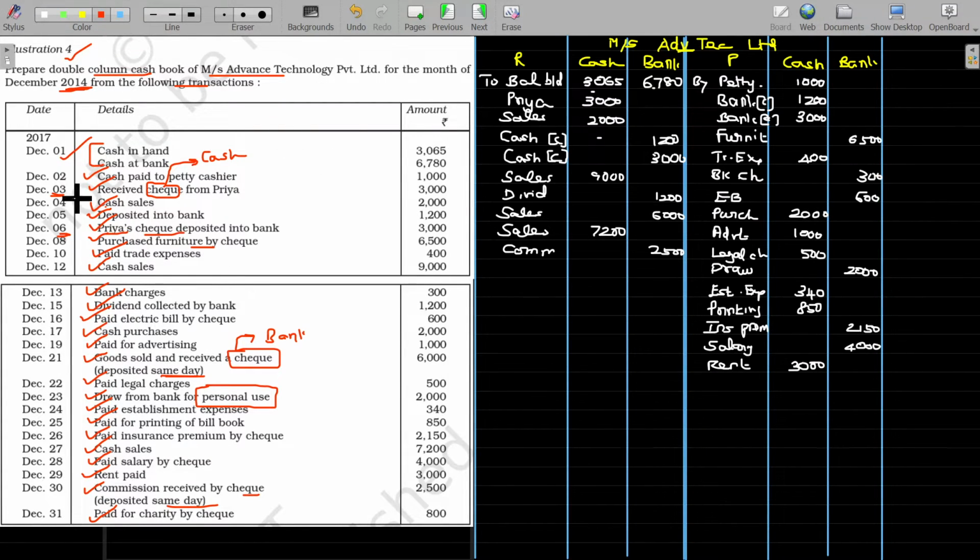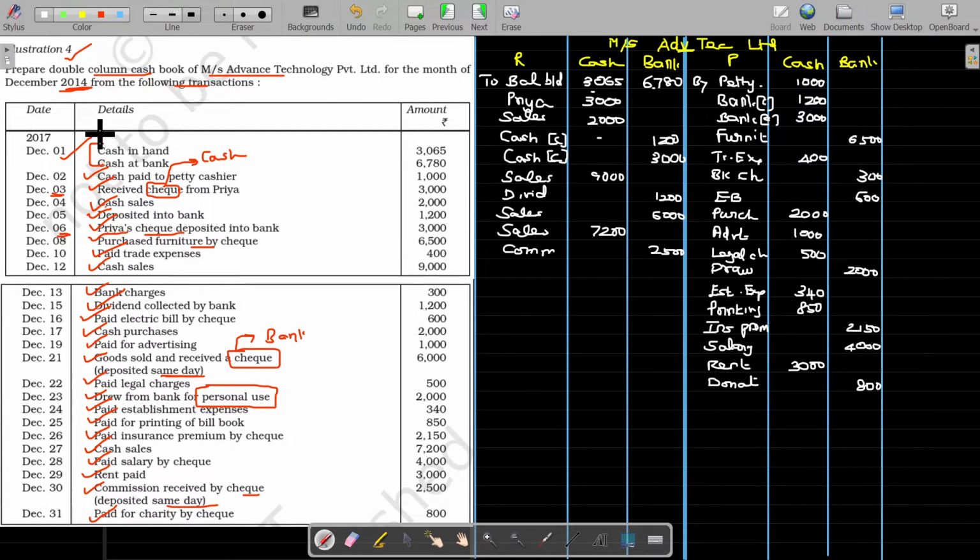Paid for charity by check, charity payment is nothing but a donation made by check, so put the value in the bank column, 800 rupees. Now finish up tallying this.